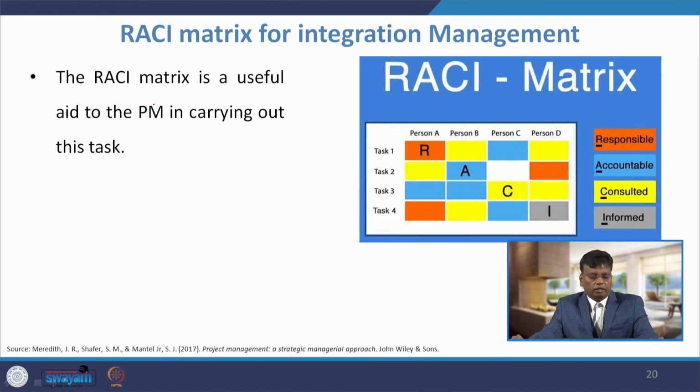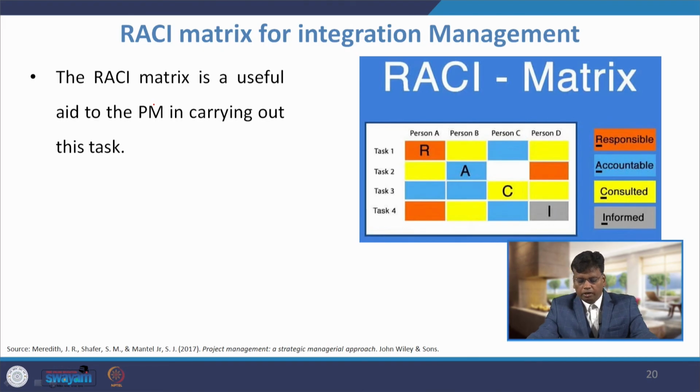One technique for achieving integration management is the RACI matrix, which we discussed in the previous class. R represents responsible, A represents accountable, C represents consulted, I represents informed.